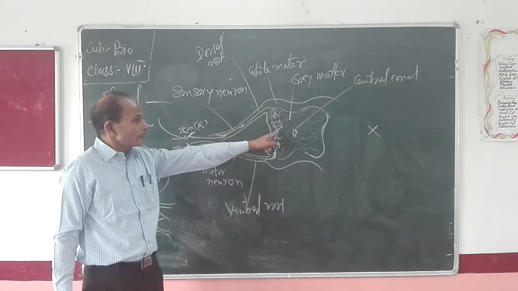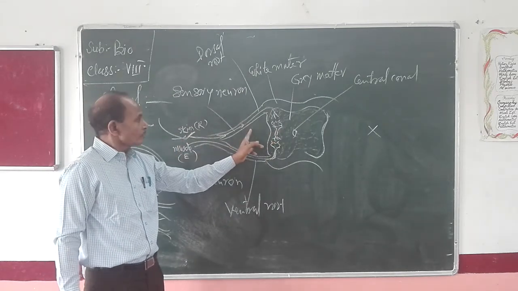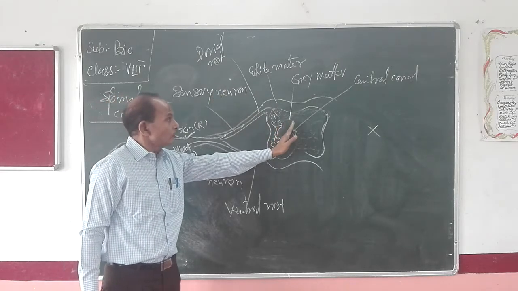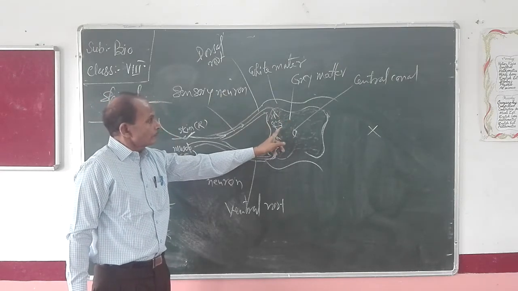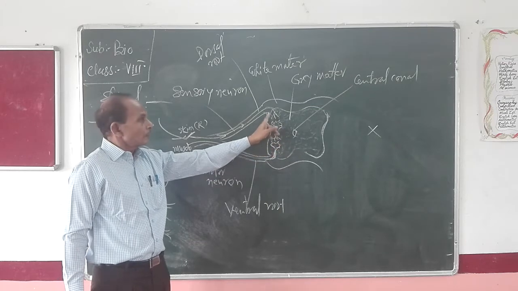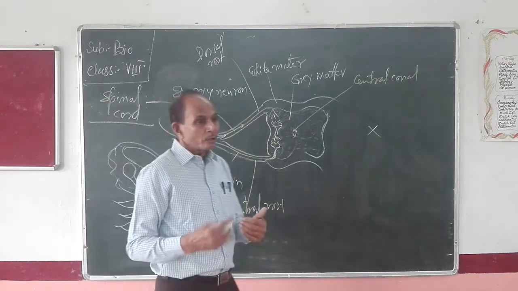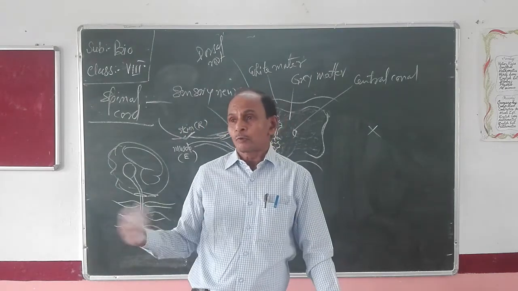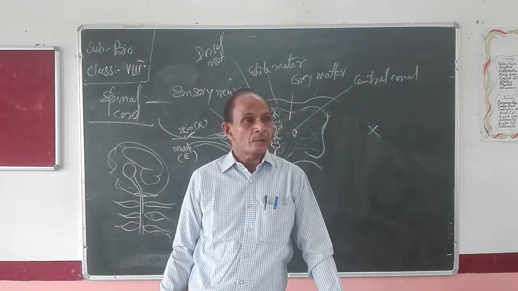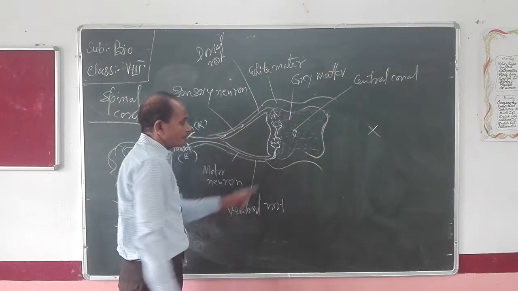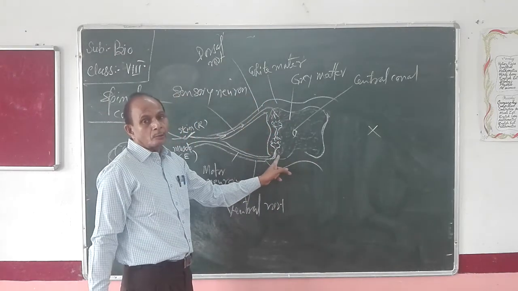So the intermediate neuron receives the information carried by the sensory neuron. It is supplied to the grey matter, where the impulse is handed over to the intermediate neuron. This intermediate neuron will generate an order for showing a reflex action, and that order is supplied to the dendrites of the motor neuron.